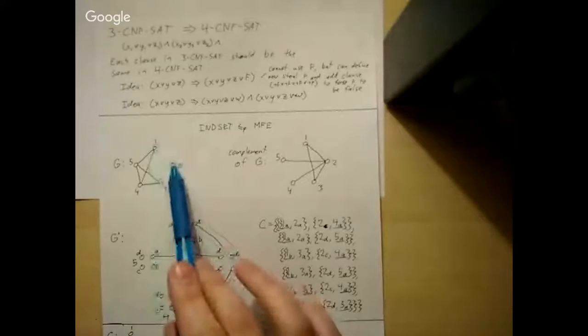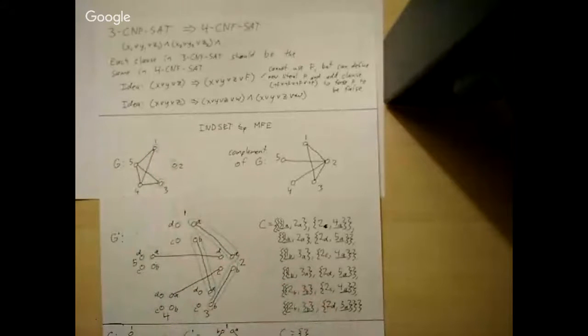So in this case, there would be 5, because there's 5 edges in the complement of G. And now the key is that for this reduction, the K for the independent set, in this case, you would have K equals 3 because that's the biggest independent set in G. And then after the transformation, your new K is not the same as the old K. It's K choose 2, which is the number of edges that you can put between the vertices of your independent set in the original graph.